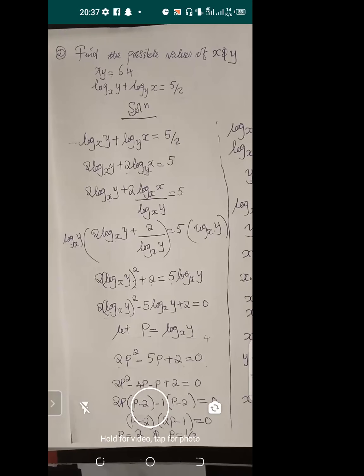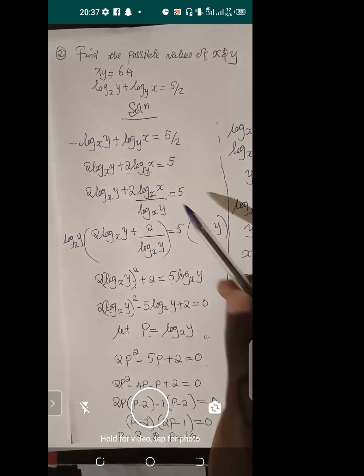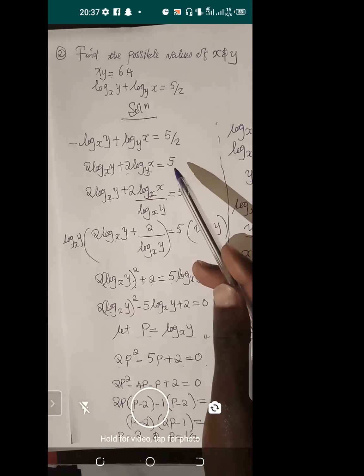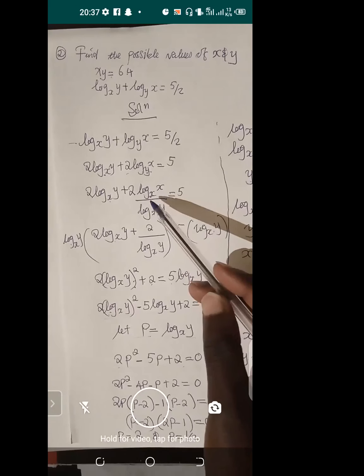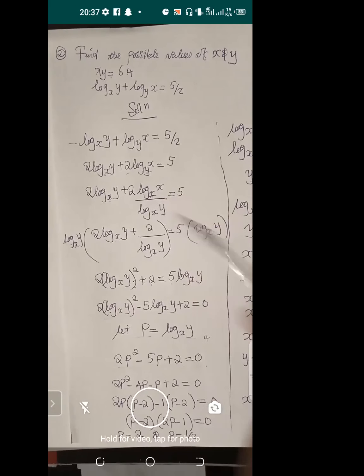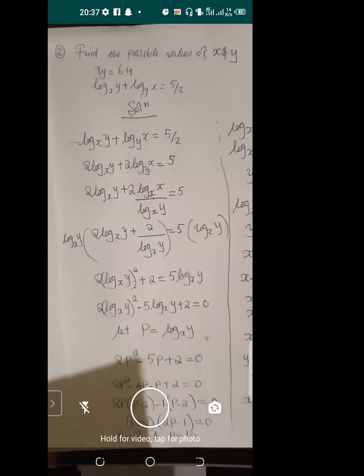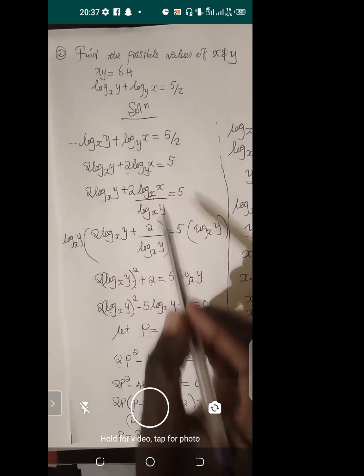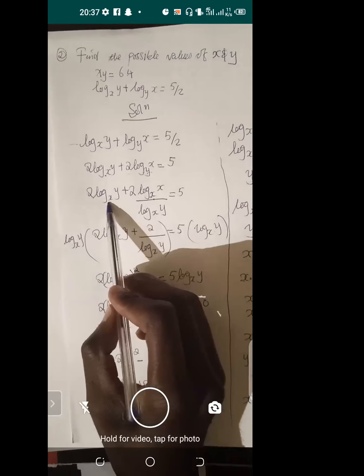I wanted to check where you were making x and y the same, changing the bases here. Yes. Since we have, from this equation, log 2 base x and also log 2 base y, can you explain how you change here in this part? Yes, sir, I'll explain how we change here.